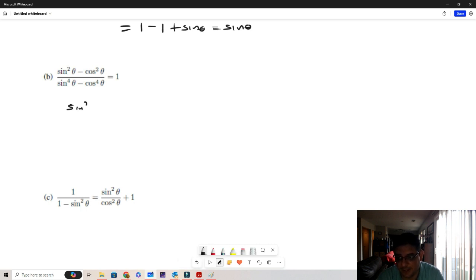So we have the sine squared of theta minus cosine squared of theta over sine to the 4 minus cosine to the 4.